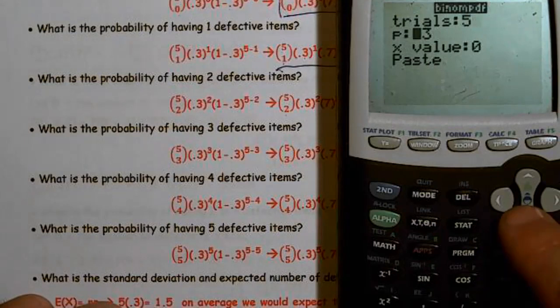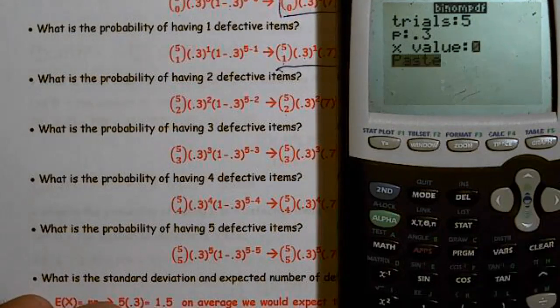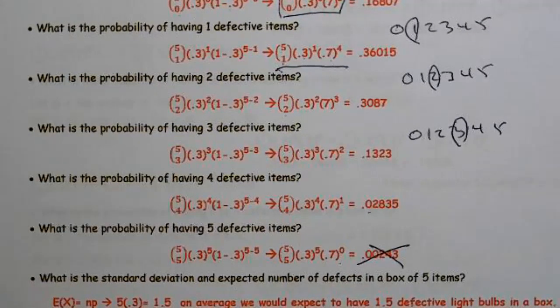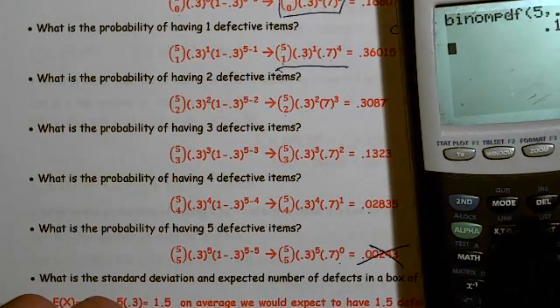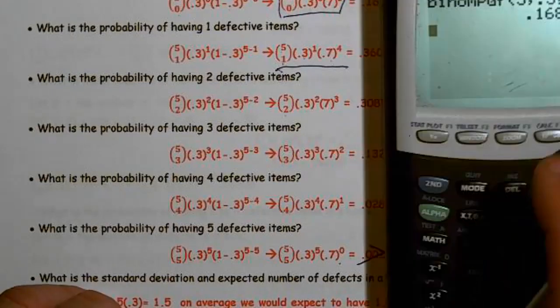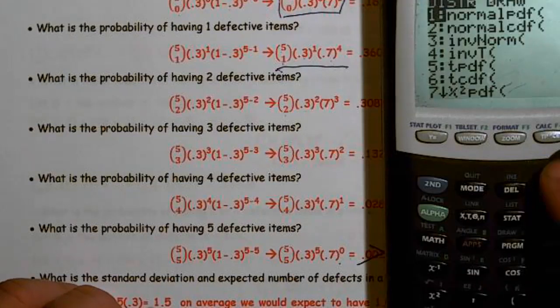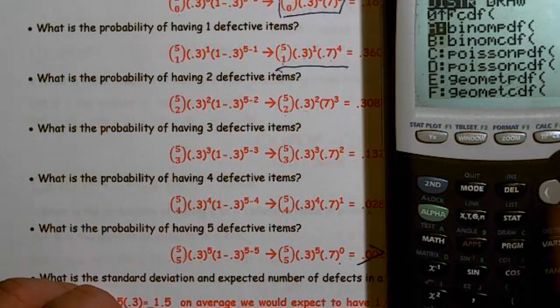Trials is 5, p-value is 0.3, X value is 0. And it looks like this is a typo, and that's incorrect. Okay, so that looks like that should be 0.16807. If that's the case, let me go back up, second vars, binomial PDF.